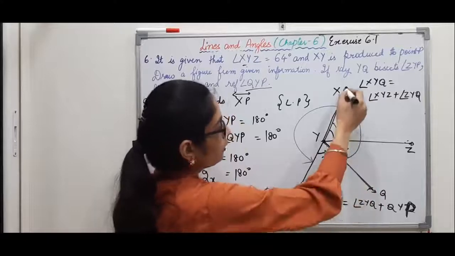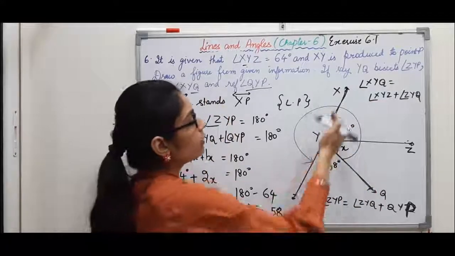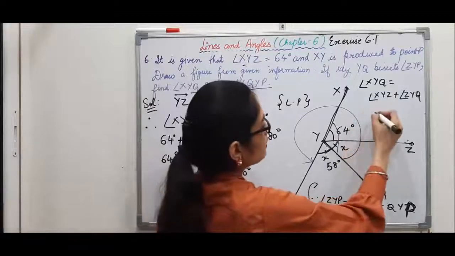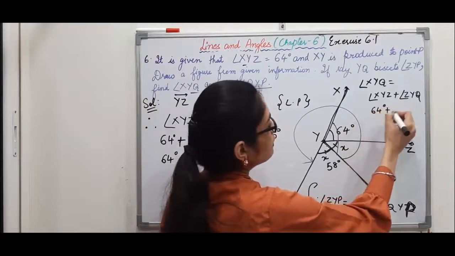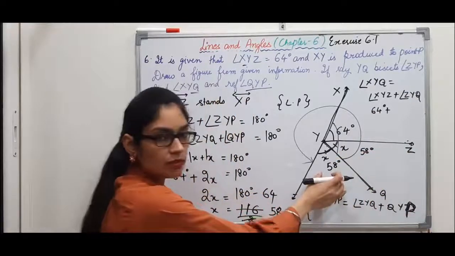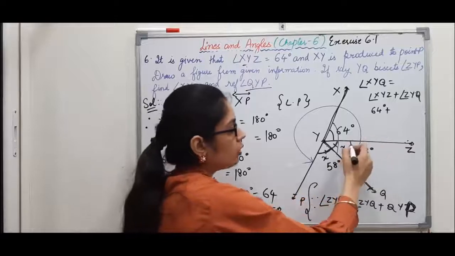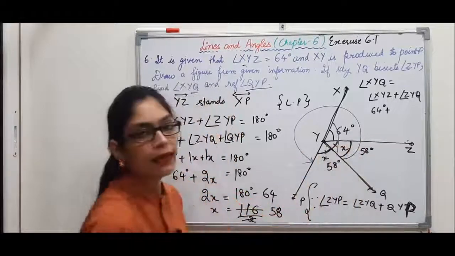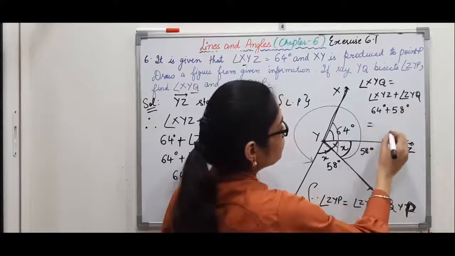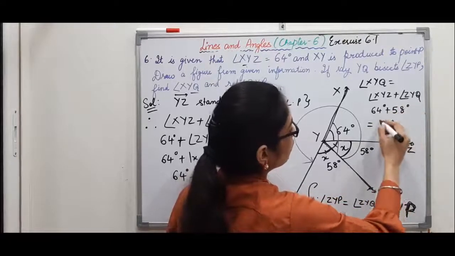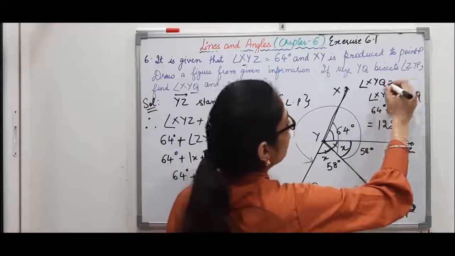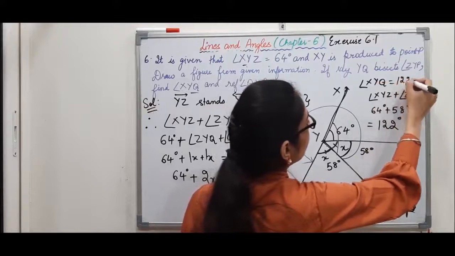Again the same concept, we can add these two angles and get the value of this complete angle. XYZ is already given as 64 degrees and ZYQ we have just found is 58 degrees, because if this is 58 degrees, this angle is also 58 degrees as these two are equal angles. So we add 64 plus 58, it is 122 degrees. So this angle XYQ is equal to 122 degrees.